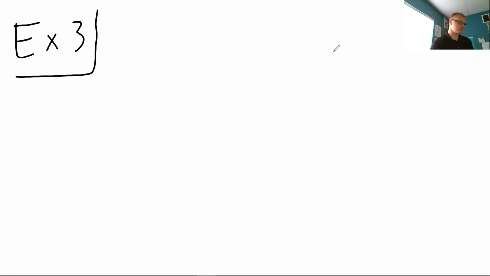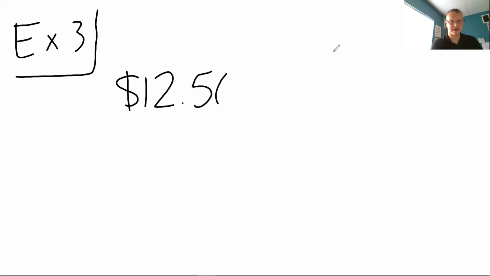Okay, example 3. We'll do the real world example because those word problems are always more challenging for us to understand. Zoos. A drive-through safari zoo charges $12.50 per person. I'm going to write that important piece of information down. $12.50 per person.